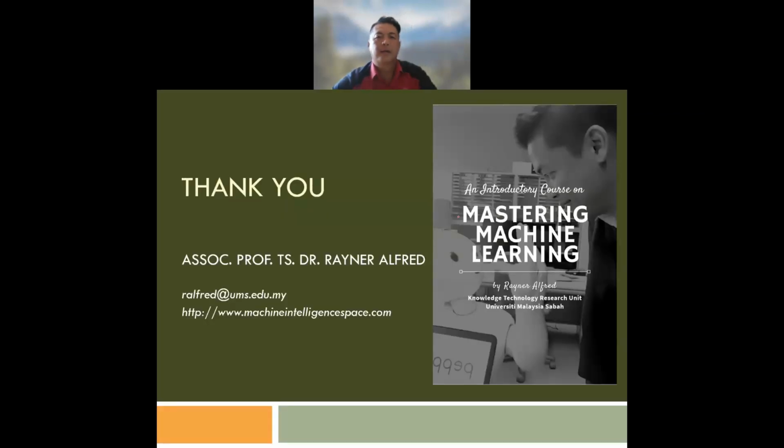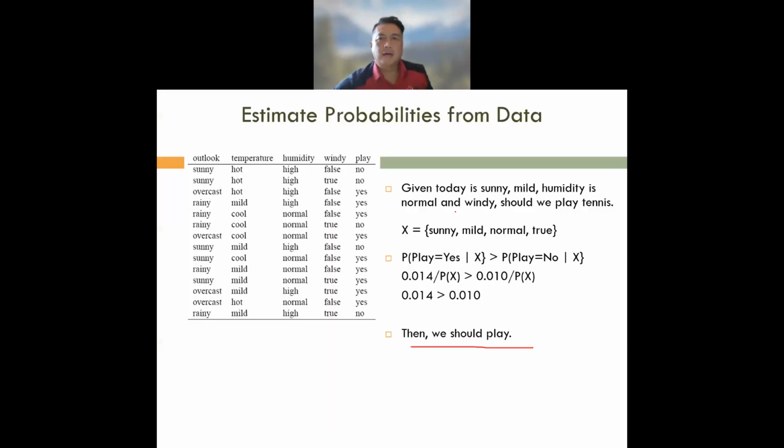A very brief one. So this is like recalling your probability knowledge, and you just apply it to perform the naive Bayes classifier.